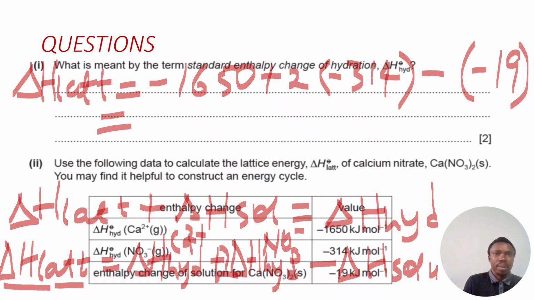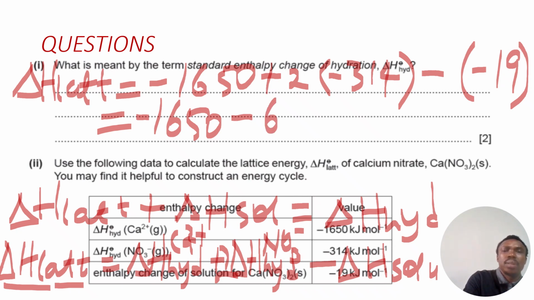So use your calculator. Minus 1650 minus 2 times 314. I think you have minus 628. Minus times minus is plus.